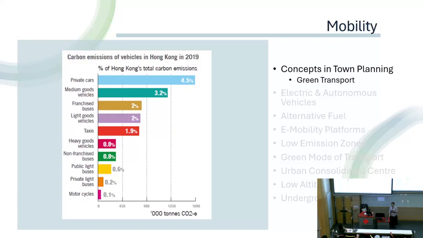But what we're actually wanting to do is reduce the emissions from private cars. With electric vehicles upcoming, it's not as difficult because now we can provide charging stations to encourage electric vehicle use rather than combustion-based vehicles.